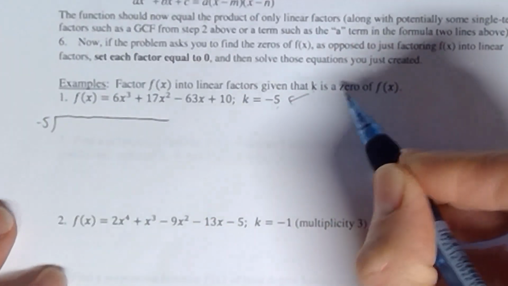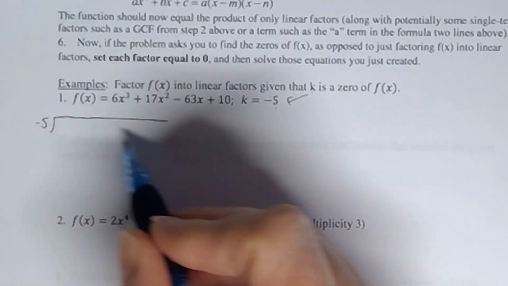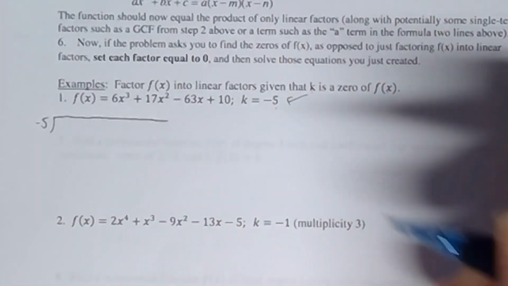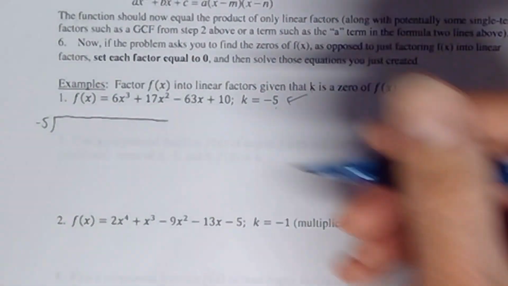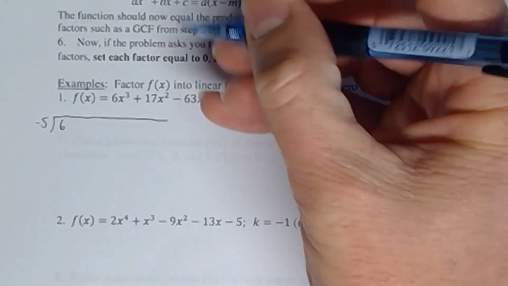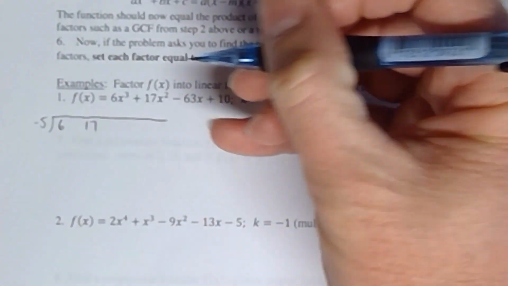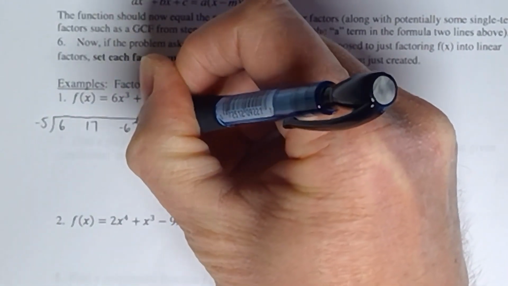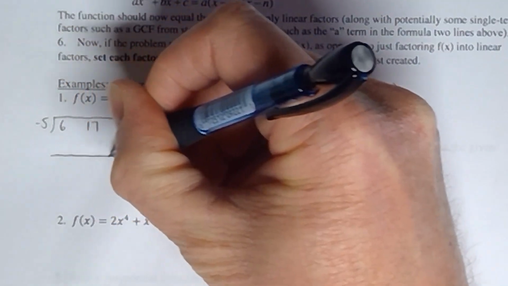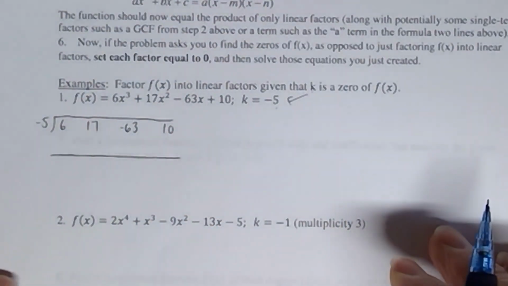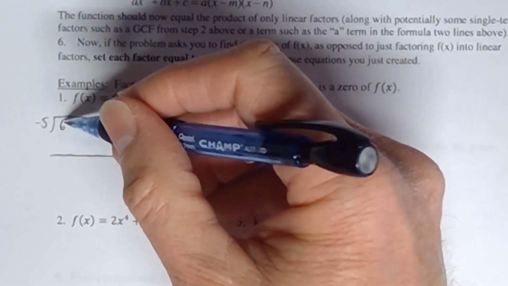But because this is a 0, when I put it over here, no sign changing, it is going to give us a remainder of 0, which is going to be what allows us to factor it, and get the 2 brackets there without that remainder on the end. So let me write down the original function here. And you see here that this will come out as 0 here at the very end, like they promised it would. So I bring down the 6.